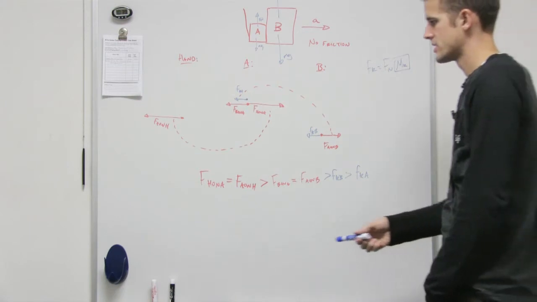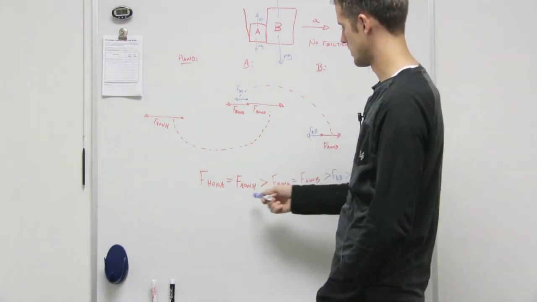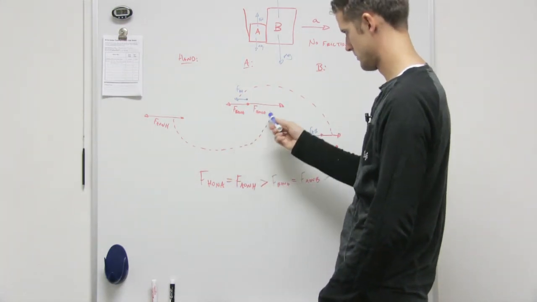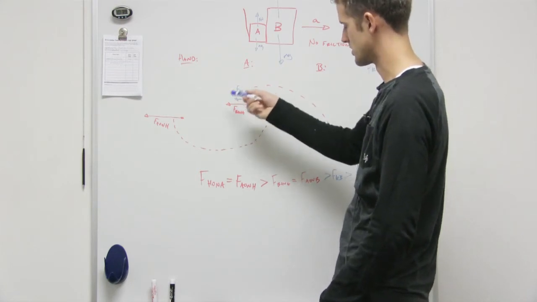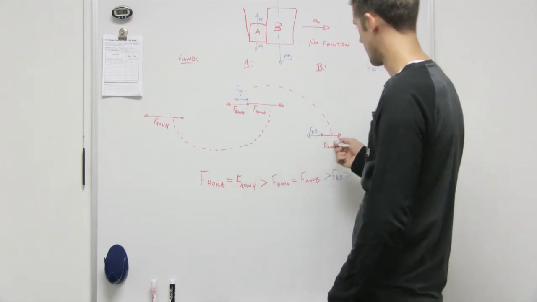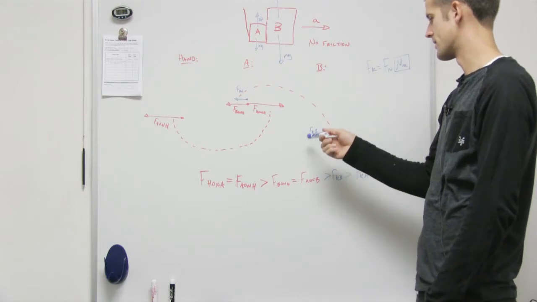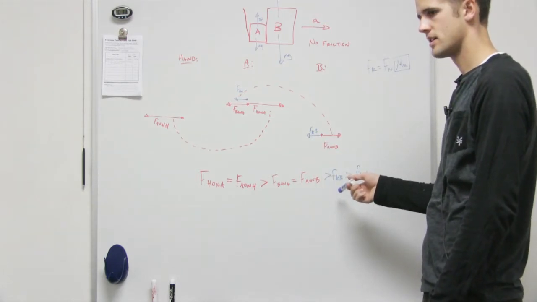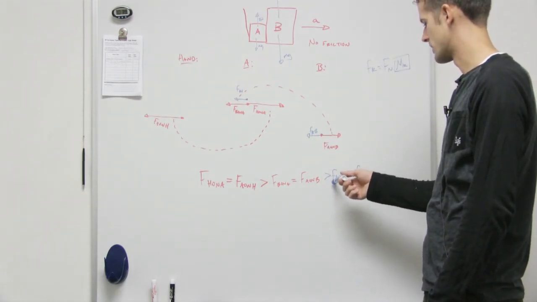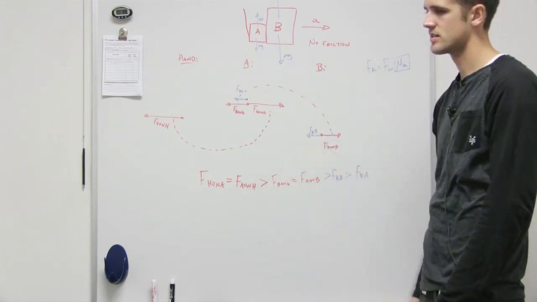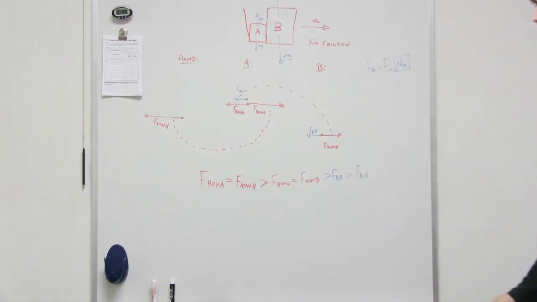So you know that these two are equal and they're greater than this one because this has to be greater than these two put together. Then over here, we know that A on B is going to be greater than the friction of B. And we also know that the friction of B is greater than the friction of A because of the masses.